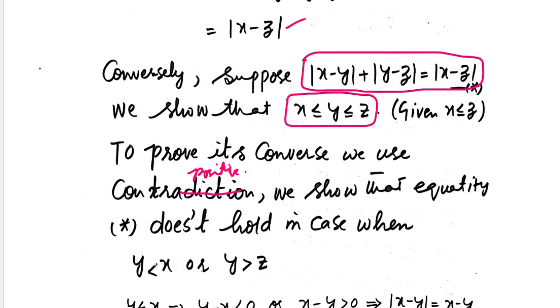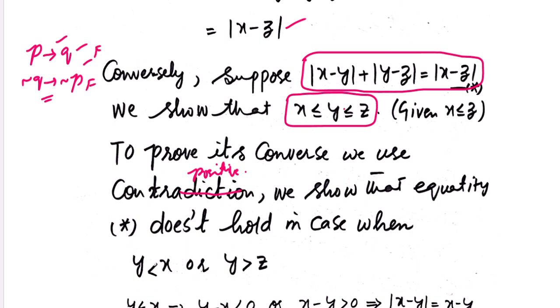If you have some basics of discrete mathematics, then if we have a conditional P implies Q, its contrapositive is negation Q implies negation P. Both these conditionals have the same truth tables, the same truth values. So if P implies Q is true, then this is true. If this is false, then this is false.